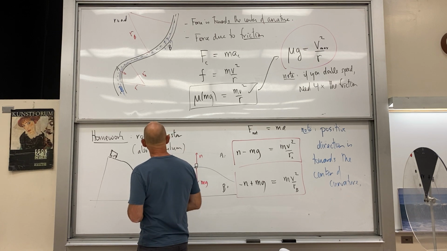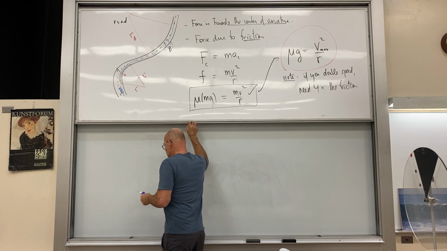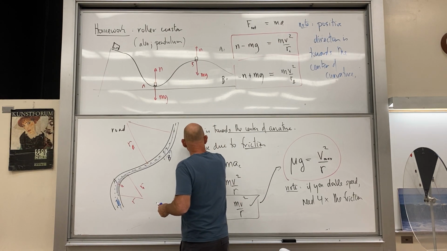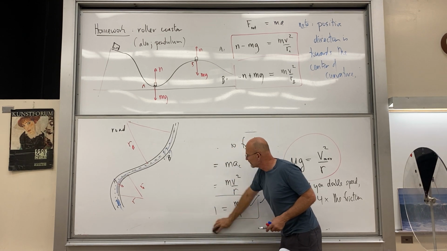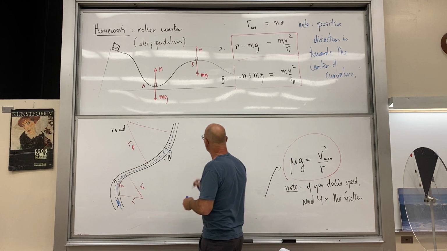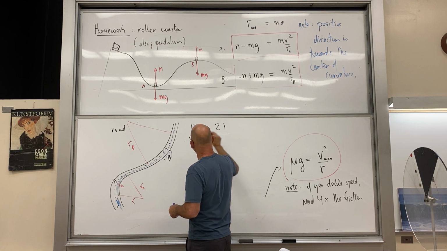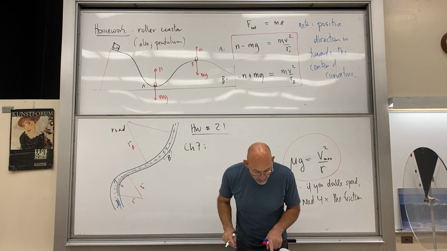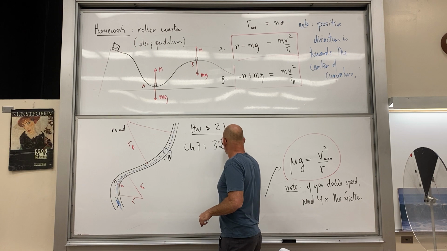So let's send this up here. These are all done in a really similar manner. So homework number 21, I think you'll like these problems. We're in chapter 7 and we're looking at problem 32. This is the roller coaster.